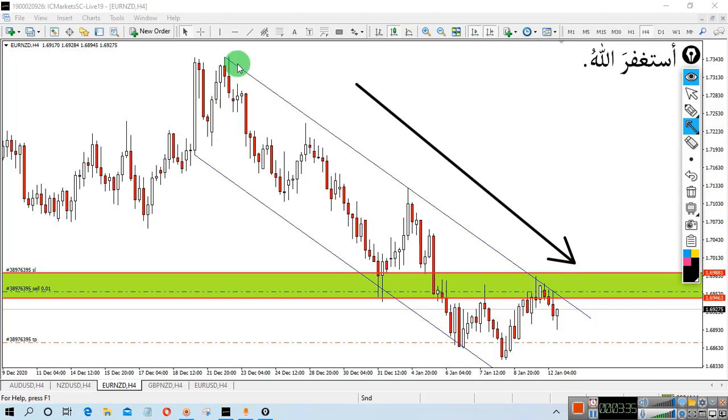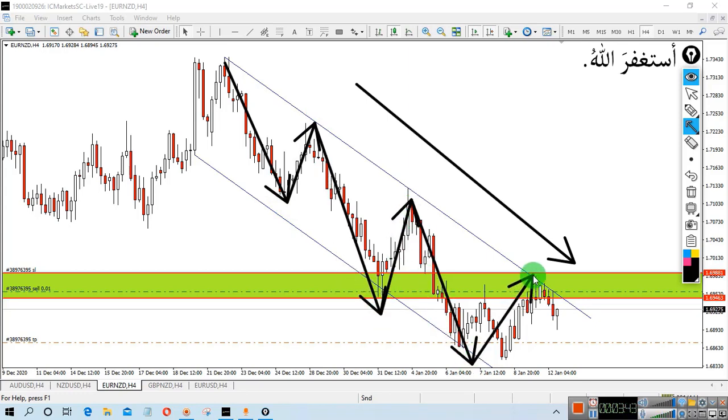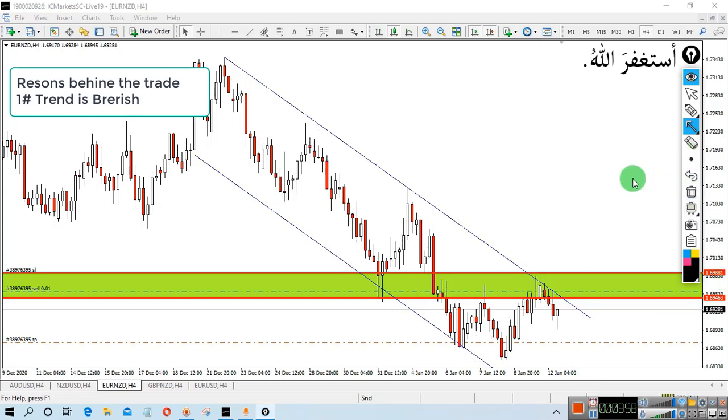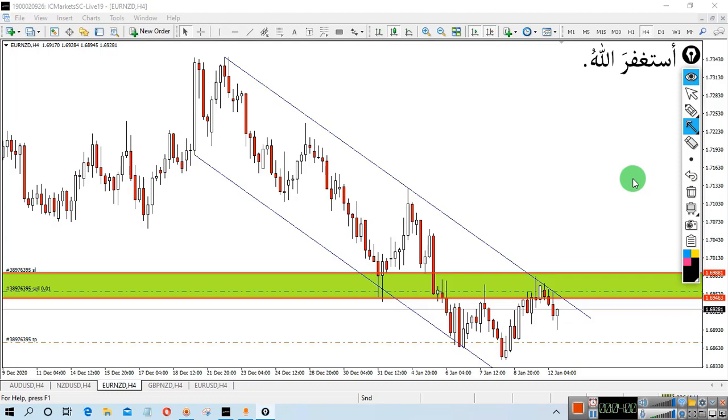You can see that market is creating lower lows, lower highs, lower lows, lower highs. So this is how it works in the downtrend. The first factor is the trend is bearish.